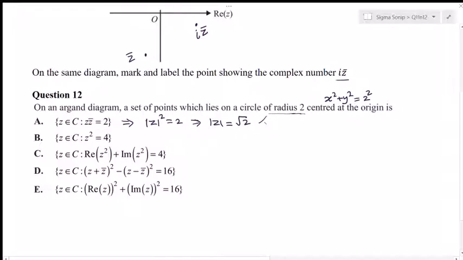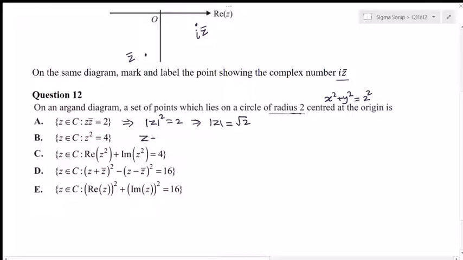So let's move on to the next option. The next option is Z square equals 4. Now we need to remember that this is Z square. This is not mod Z square. So Z square is basically, you have a complex number, then you square it, and when you square it, you get a number equal to 4. If you look at this, there are only 2 numbers which, when squared, will give you 4.